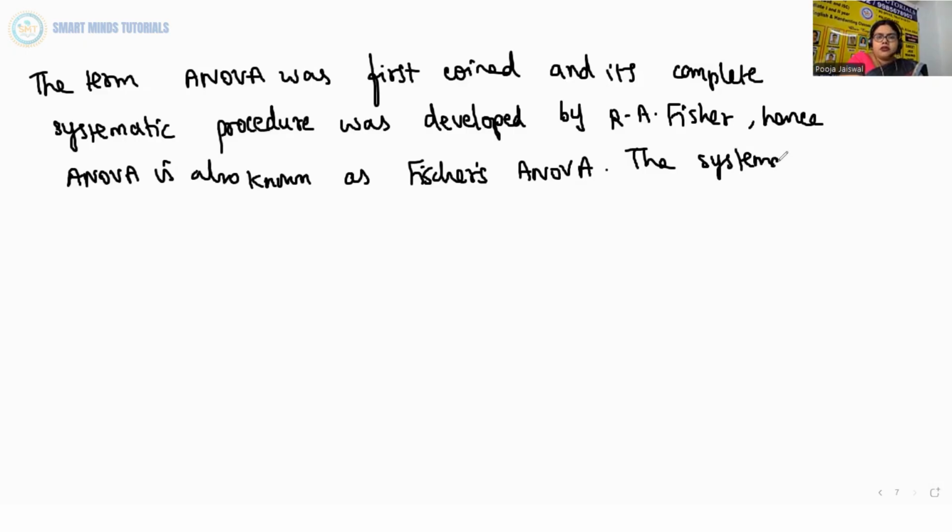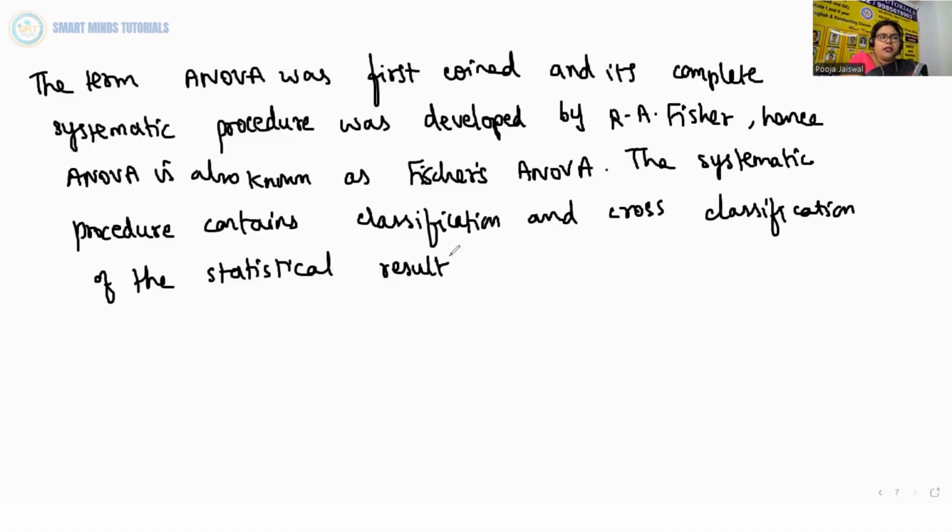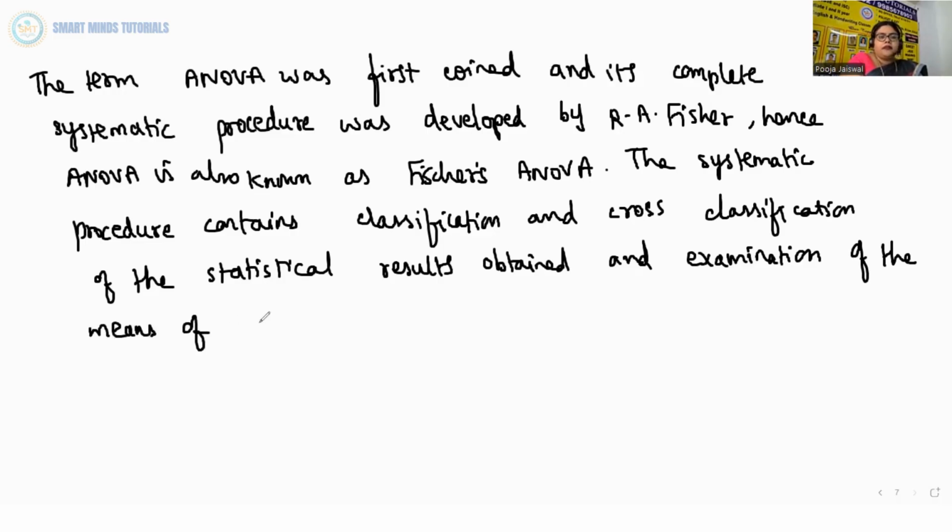And the systematic procedure contains classification and cross classification of the statistical results obtained and examination of the means of classification for specific variations.